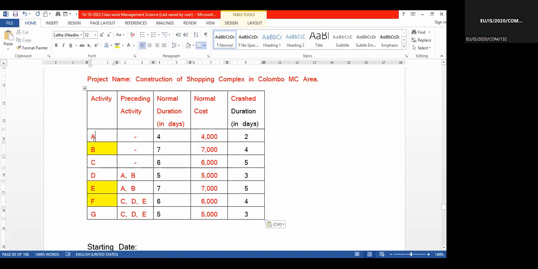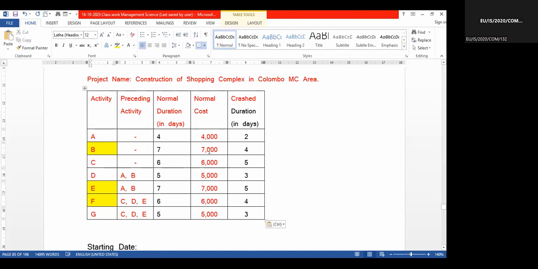So to complete activity A, it takes 4 days. The normal 4 days, the cost is 4,000. Right? And activity B, the normal duration 7, it will take 7,000. Activity C, 6,000.